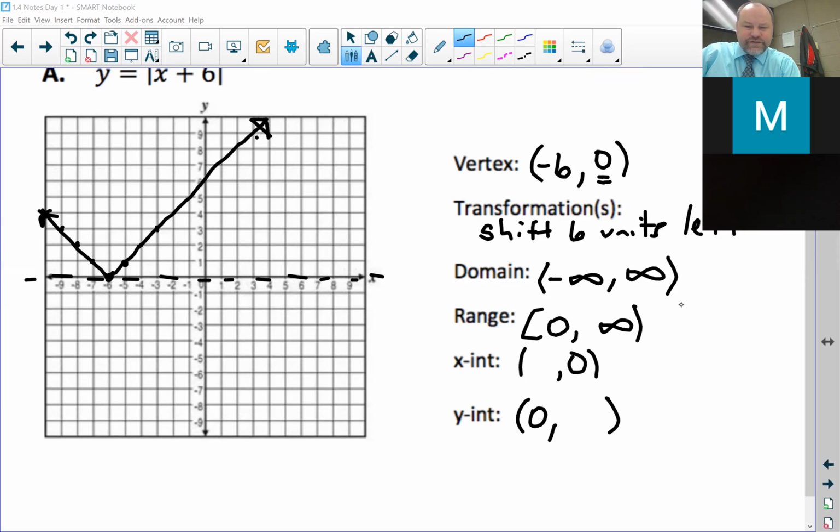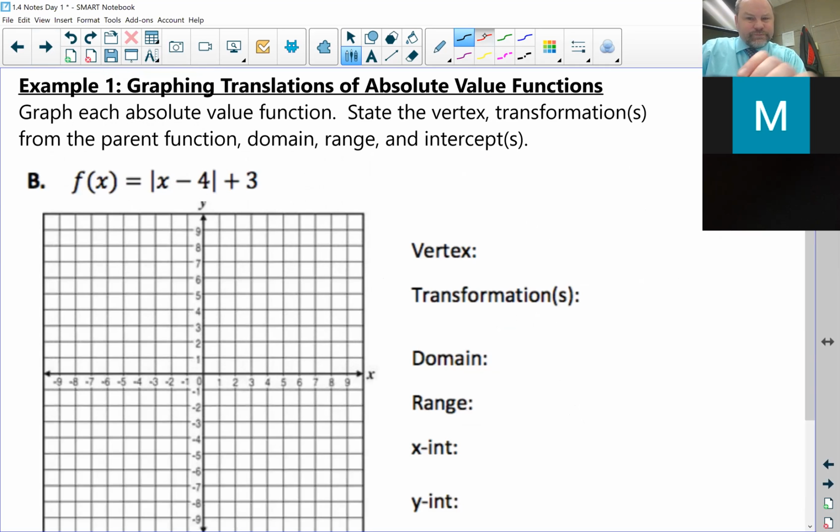Yeah, negative 6, 0 is the X-intercept. And the Y-intercept right up here is positive 6. Good. All right. Let's go to the next example.